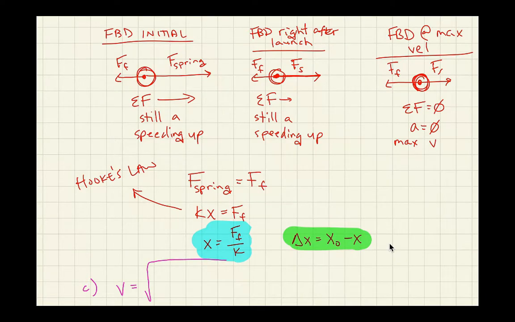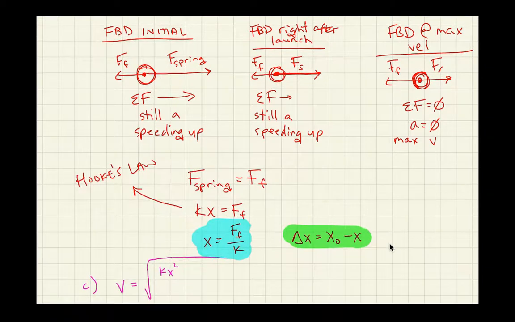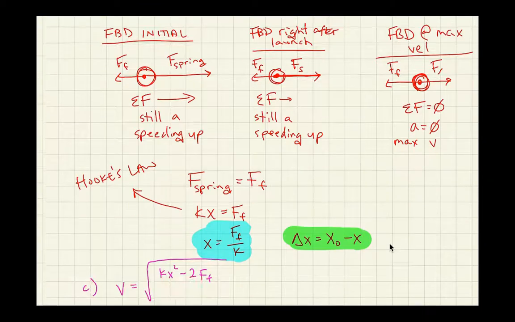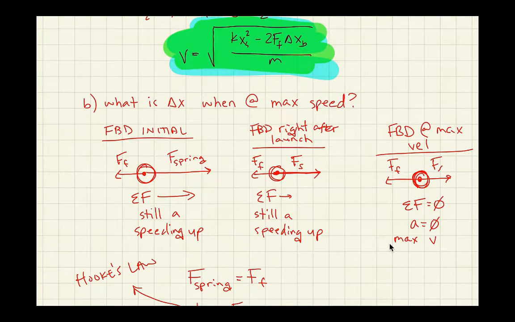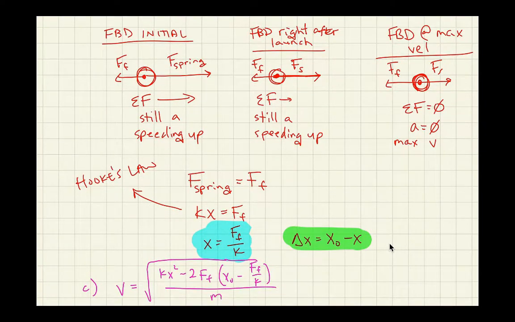So square root of kx squared minus 2 force of friction times delta x for this case. So that's going to be x naught minus force of friction over k, all over the mass. This is substituting the answer from B into the answer from A.